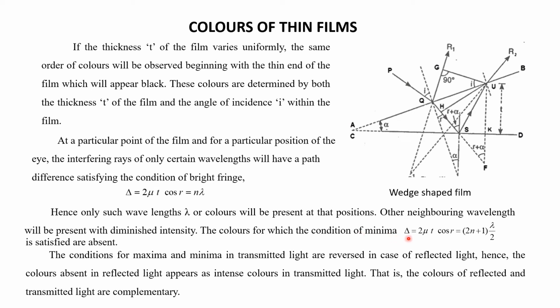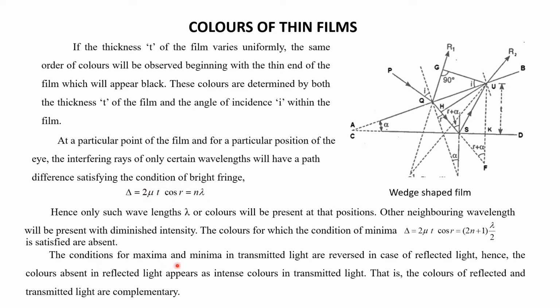The condition for minima is 2 mu t cos r equal to (2n plus 1) lambda by 2. If the colors satisfy this condition, then they do not appear; that means they are absent. So only the colors which satisfy the condition of maxima appear bright.